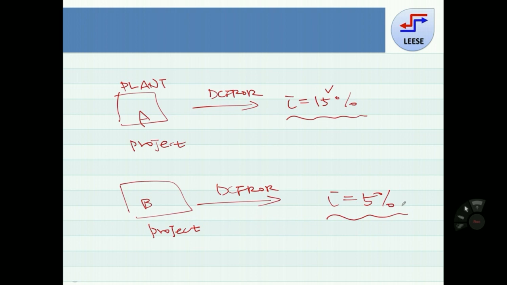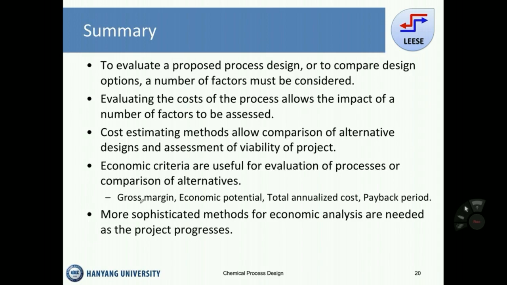I can cover up to 5% of the interest rate from the bank. Which one is better? This one is better. I can cover a high interest rate because this project is more profitable. This one is not profitable too much, so I can cover up only 5% of the interest rate from the bank. So a high DCF-ROR will be better.